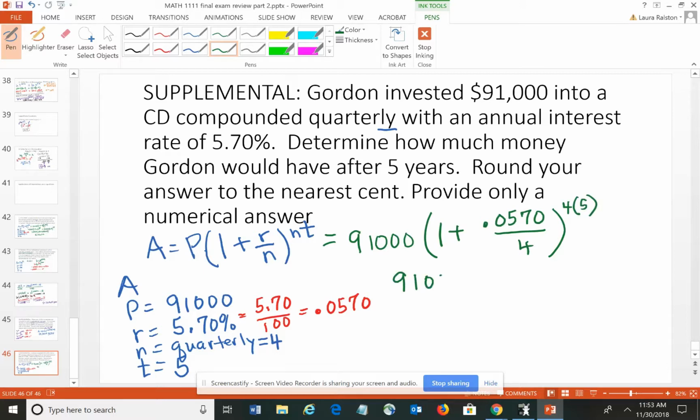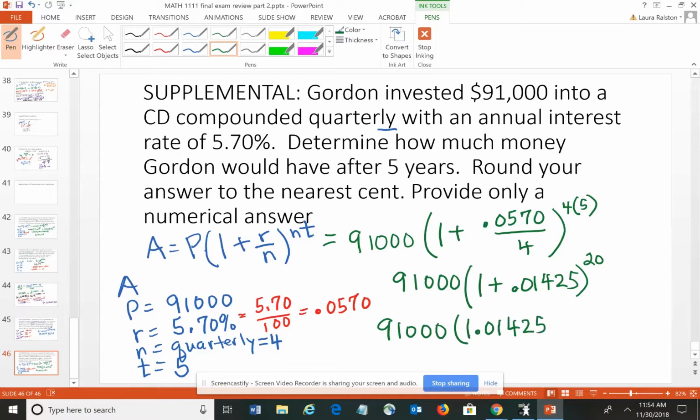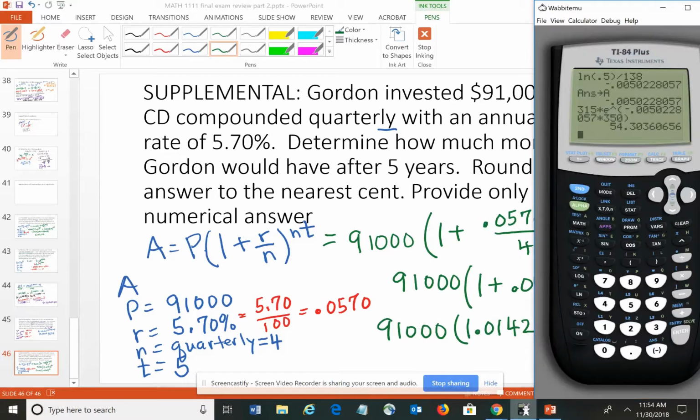So again, the first thing we're going to do is the division within the parentheses. 0.0570 divided by 4 is 0.01425 to the 20th power. Add those things inside the parentheses. So we have 1.01425 to the 20th.